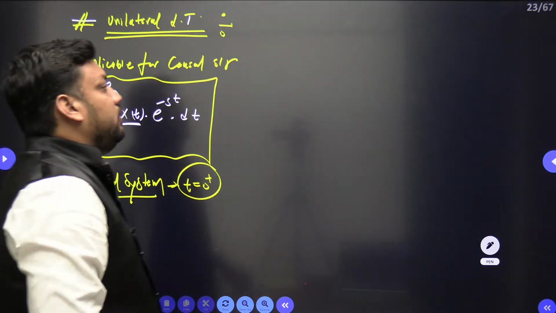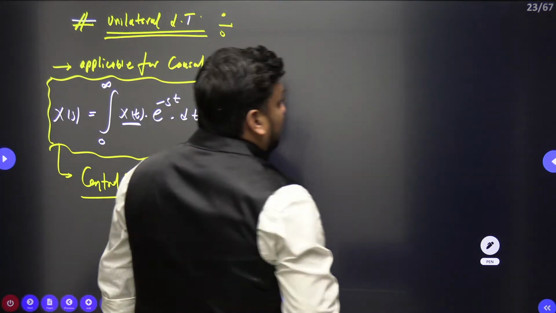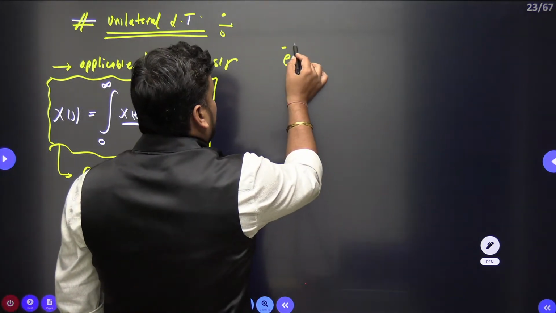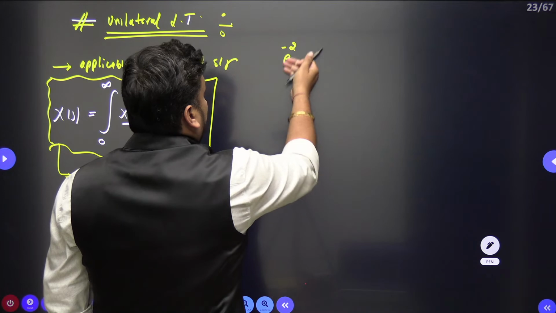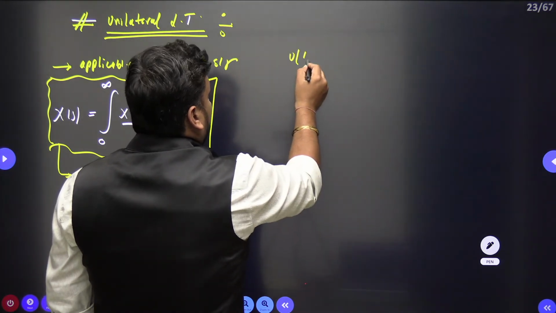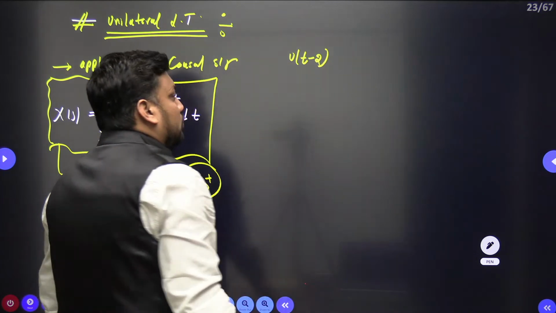So what is the difference between the unilateral and bilateral Laplace transform? Suppose I am taking this question: find the Laplace transform of u(t minus 2).